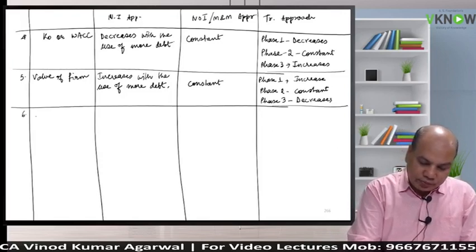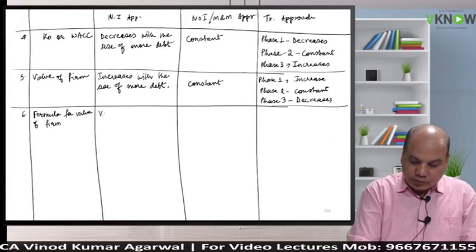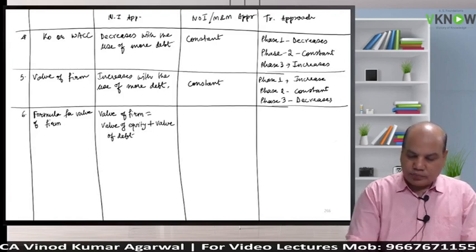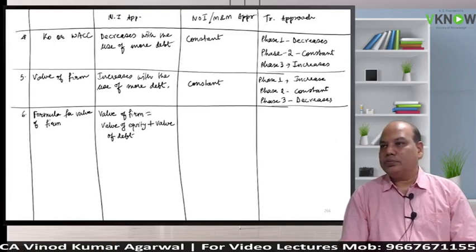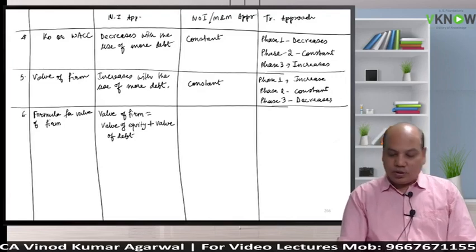Point 6, formula for value of firm. In net income approach, value of firm is equal to value of equity plus value of debt.